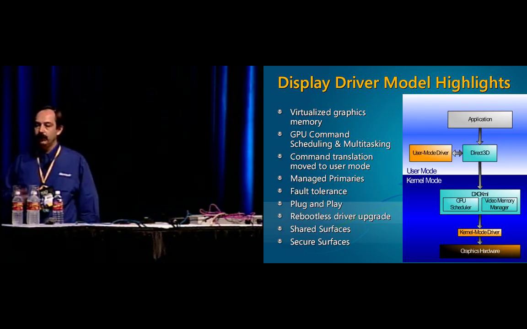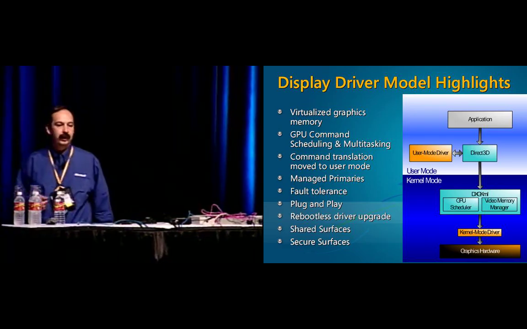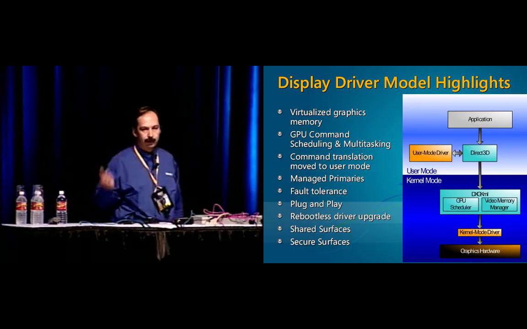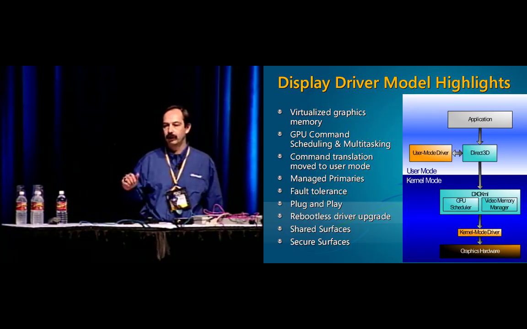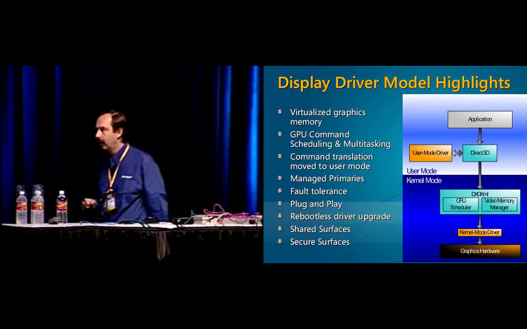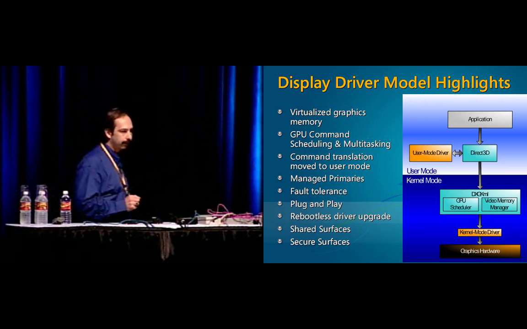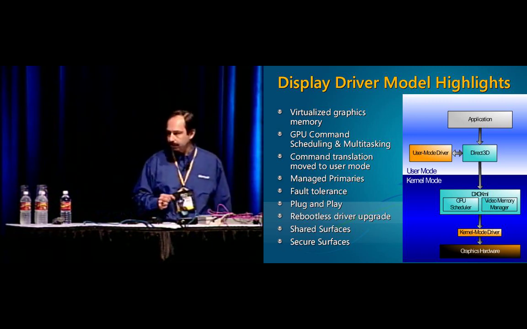And if you've looked at the previous programming models, it was kind of primitive because you had to do virtually everything yourself. Manage the memory, allocate it, and when something happened like a mode switch, or you went from full screen to windowed mode, you had to recreate all your resources, all that sort of stuff. So what we've done in Windows Vista is we've actually virtualized memory. That's the first biggest change.